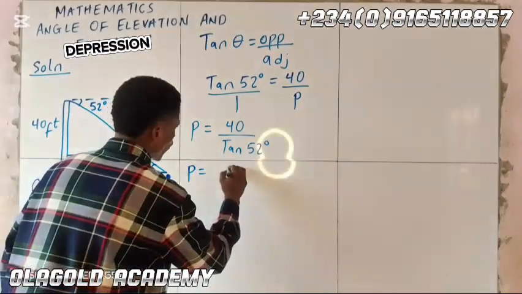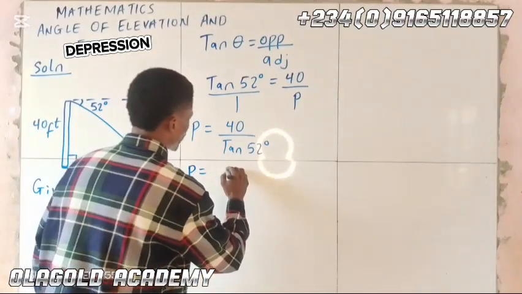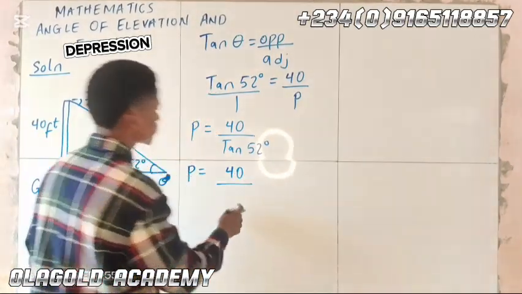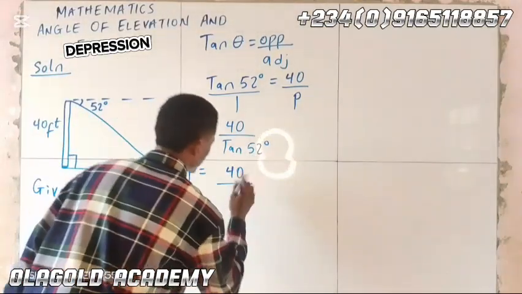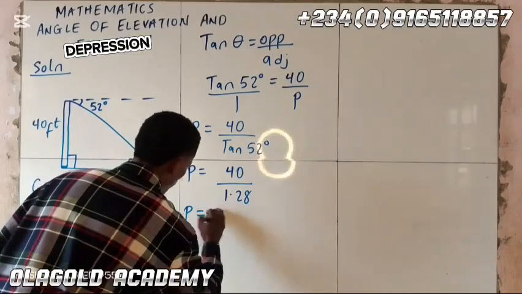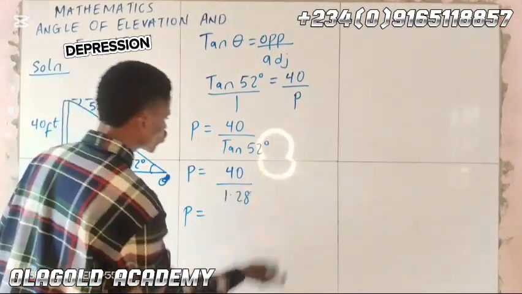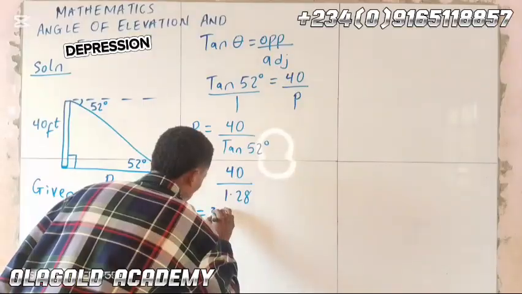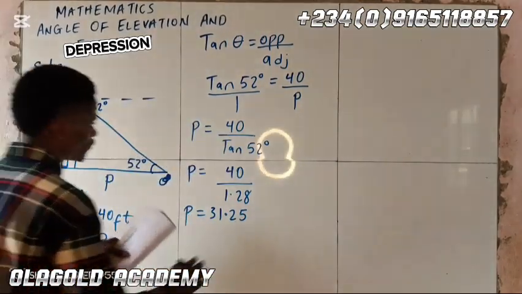What is tan 52 degrees? That will be 1.28. So my P equals 40 divided by 1.28, which gives me 31.25 feet.